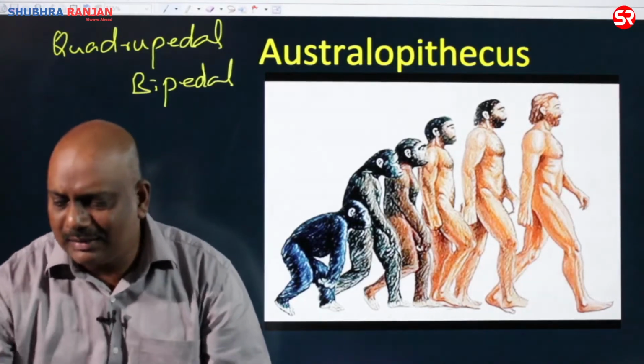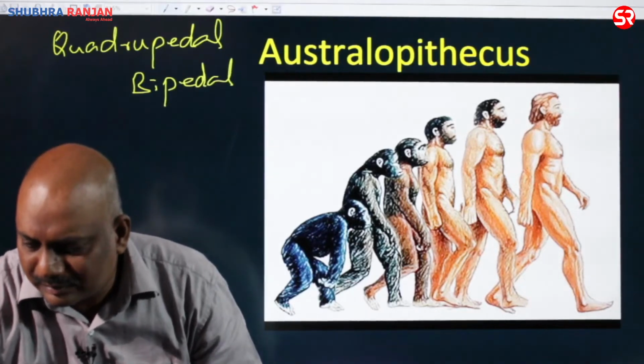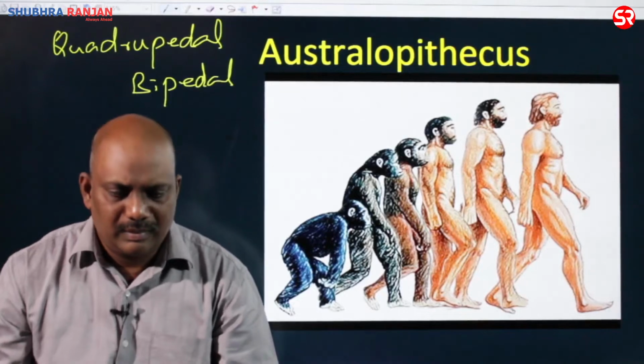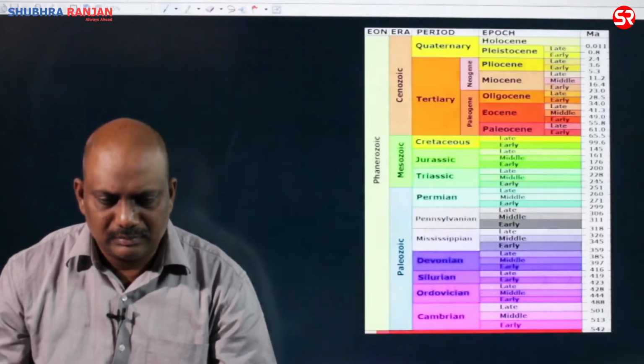So what do you mean by Australopithecus? See, Australopithecus, right? This refers to a collection of hominids.